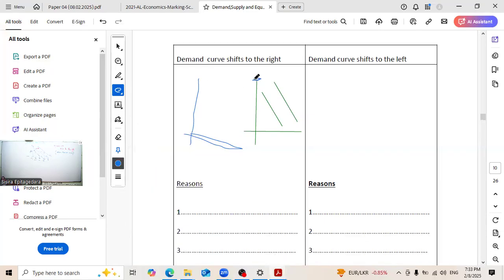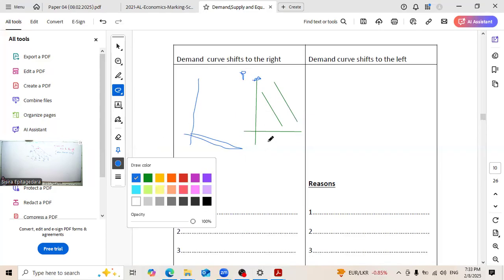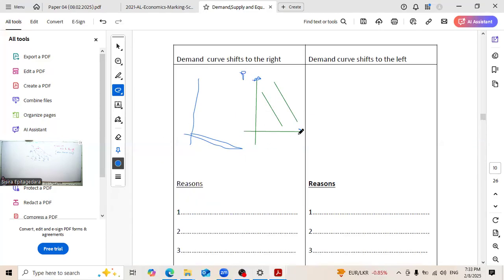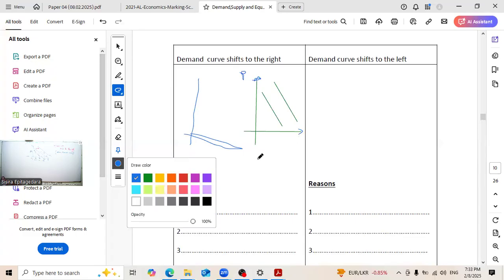Here it should be the price axis. Here it should be the quantity axis.